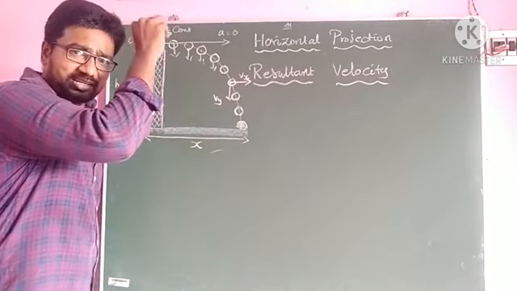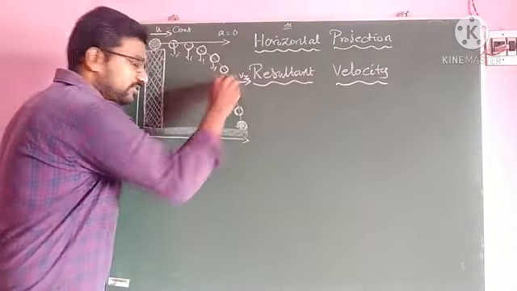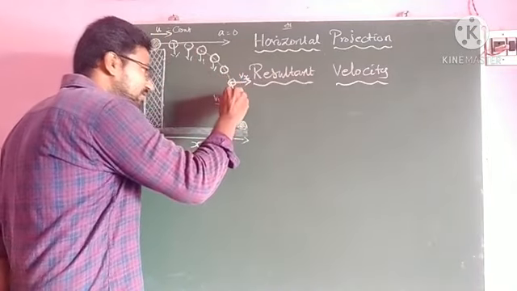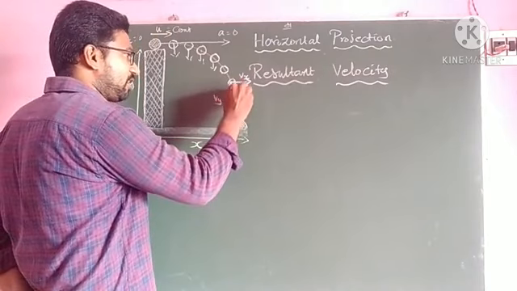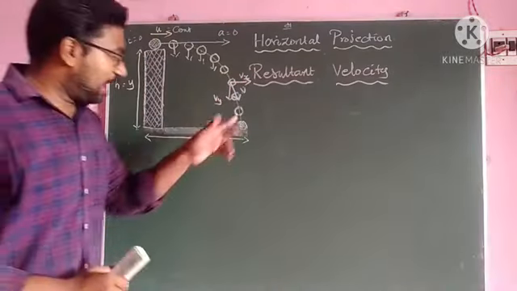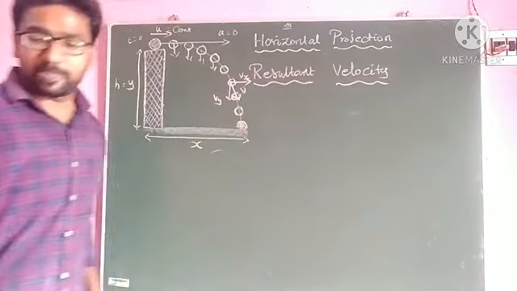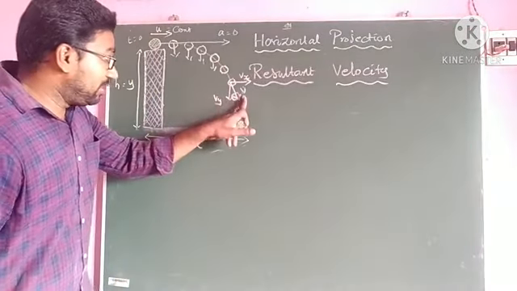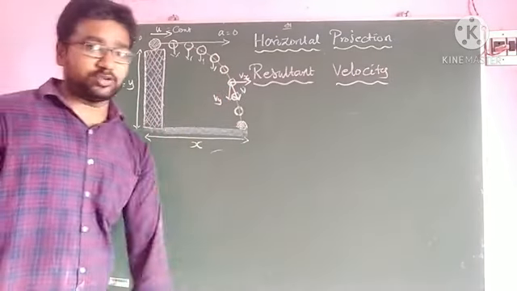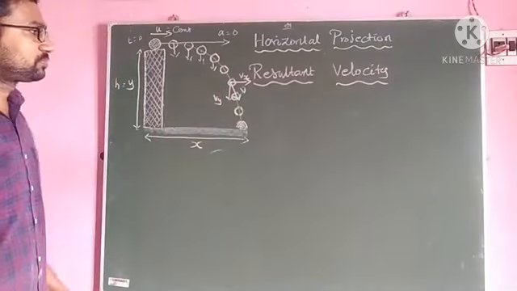By drawing the resultant vector like here, this is the resultant velocity R, or simply velocity V. This is the velocity throughout the whole motion. You can easily find it out by getting the solution.